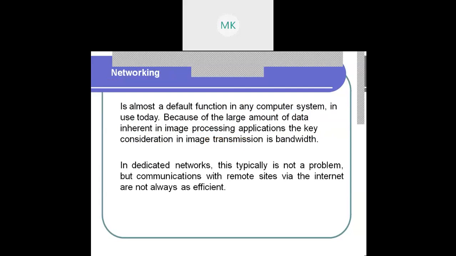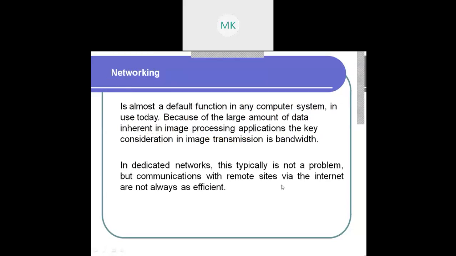Next is networking. Without networking, image processing doesn't happen. Networking is almost a default function in any computer system in use today because of the large amount of data inherent in image processing applications. The key consideration in image transmission is bandwidth, which can be accomplished through networking.